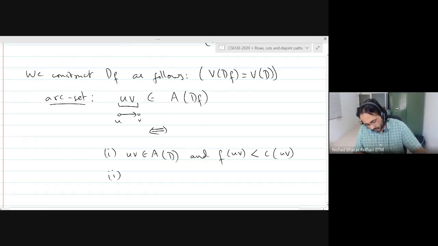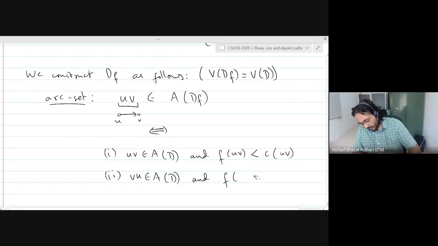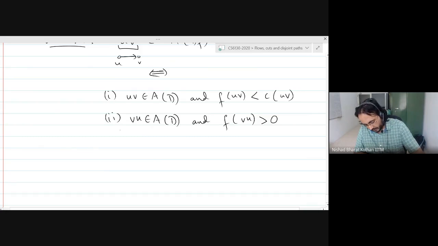Or VU is an arc of the directed graph and the flow on VU is greater than 0. Okay? So this is exactly how we constructed our auxiliary digraph.